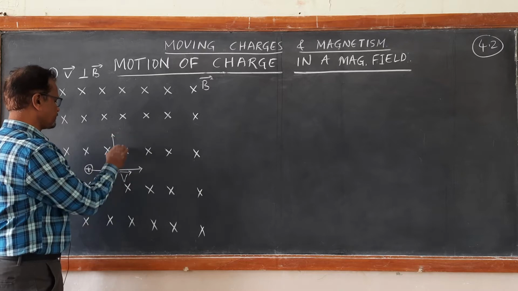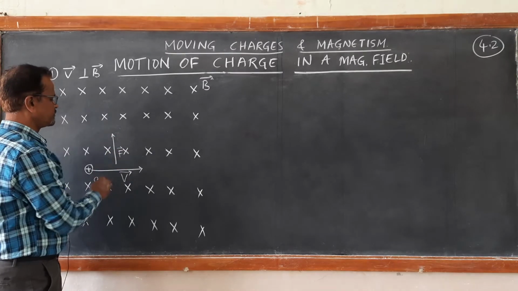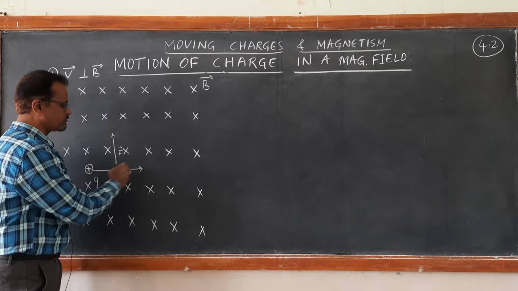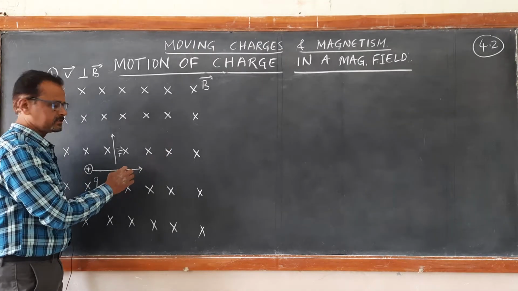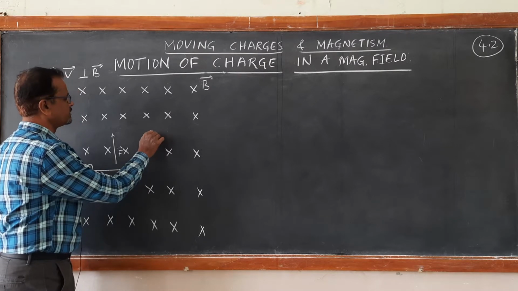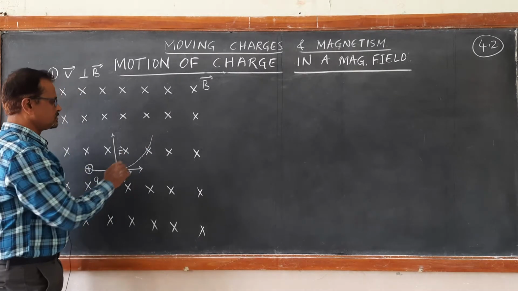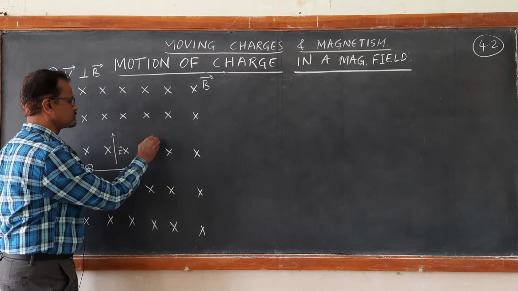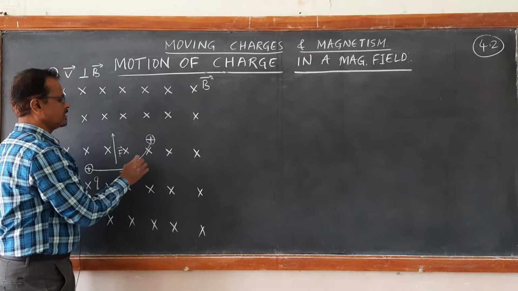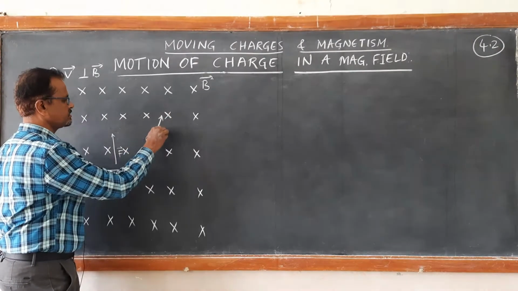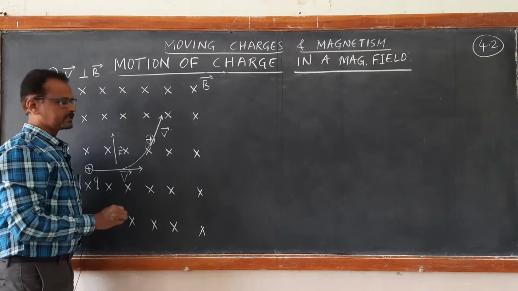Due to this perpendicular force F, the charge particle undergoes deviation. Instead of going along a straight path, it deviates from its path. When it has reached a particular position, draw the tangent. The tangent at this point gives you the direction of its velocity vector.